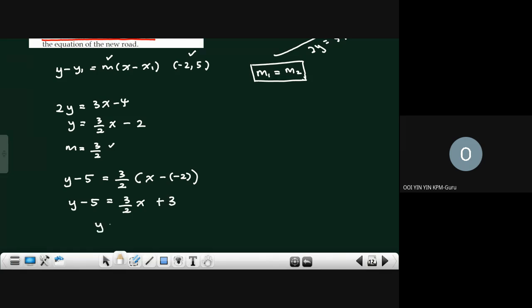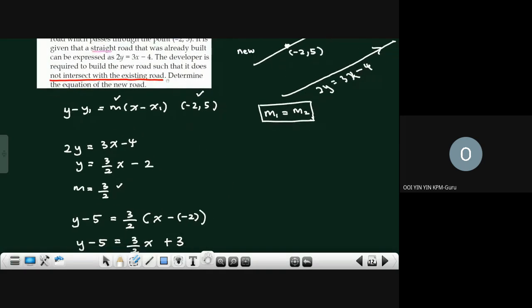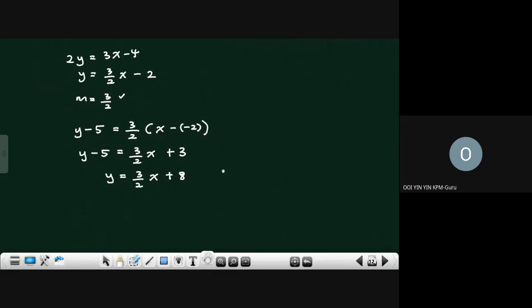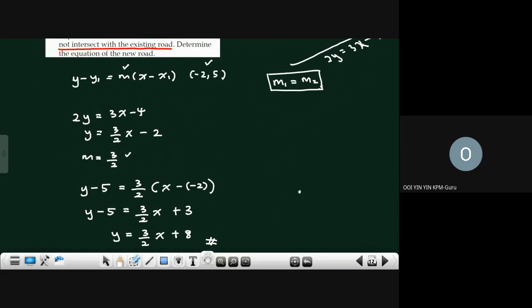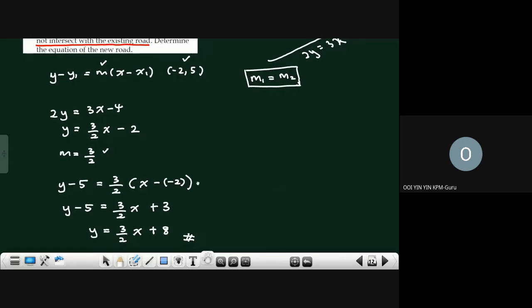Then y equals 3 over 2 x, and -5 moves over to become +5, so you get +8. If you read the question carefully, they did not ask you to arrange the equation in general form. So if there is no such requirement, this will be your final answer. No need to change sides.